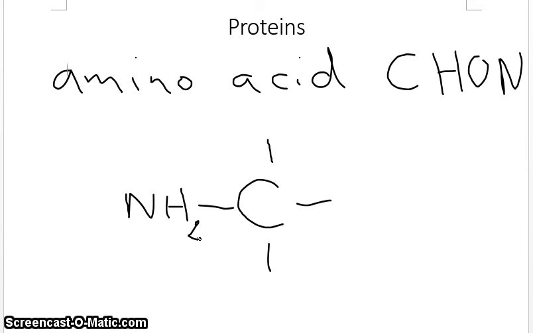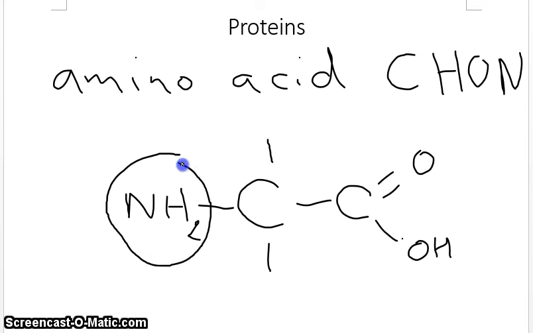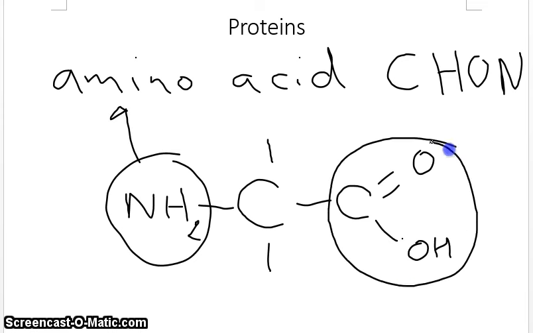An acid group is a carbon bonded onto an oxygen and an OH group. So that's your acid group over on this side. So this is your amino group and this is your acid group around the central carbon.